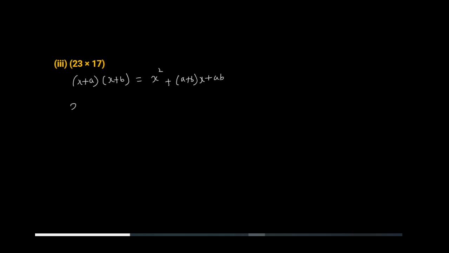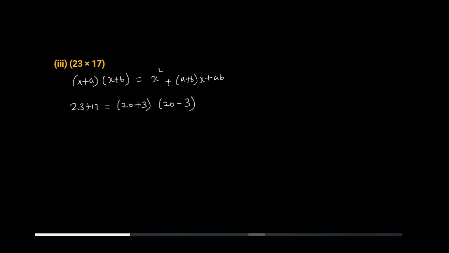Now 23 can be written as 20 plus 3 and 17 as 20 minus 3. So either this one, or you can use this identity also.